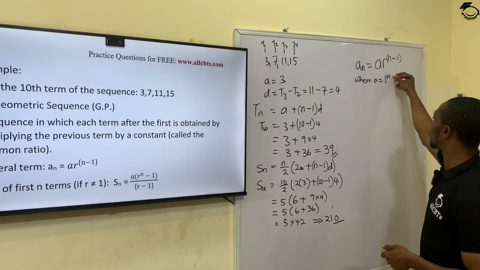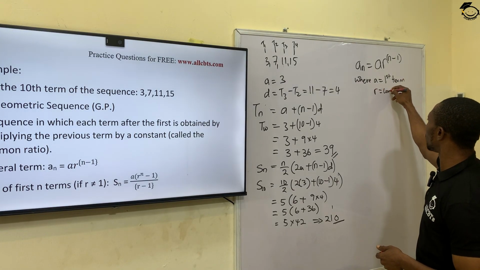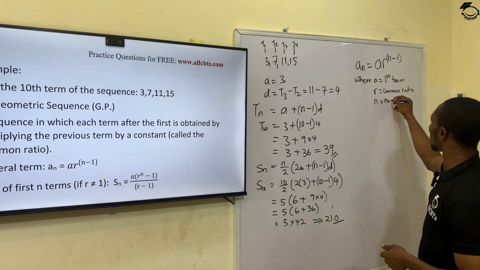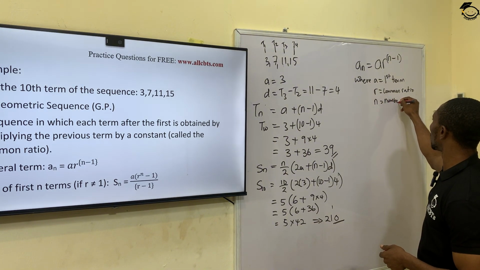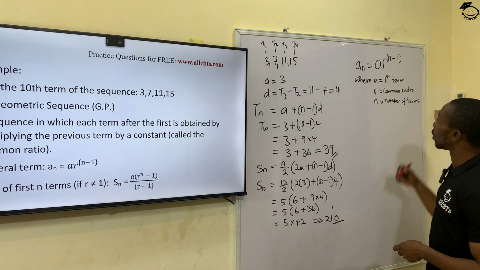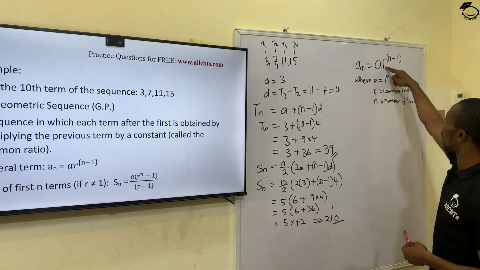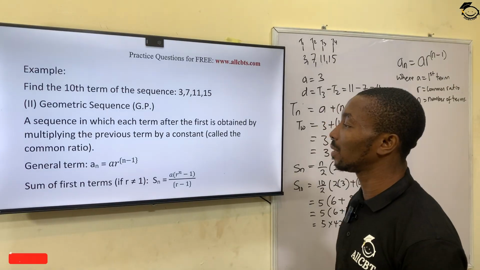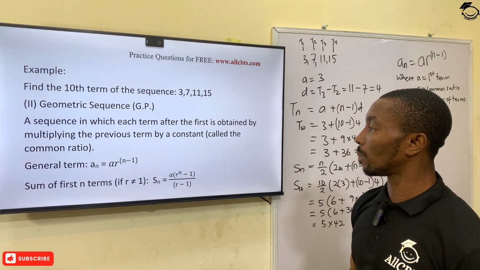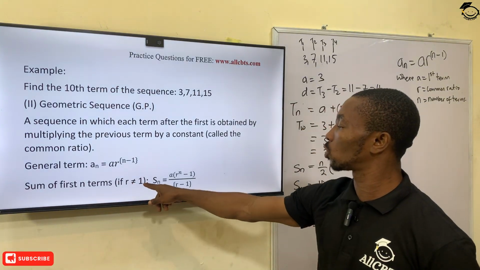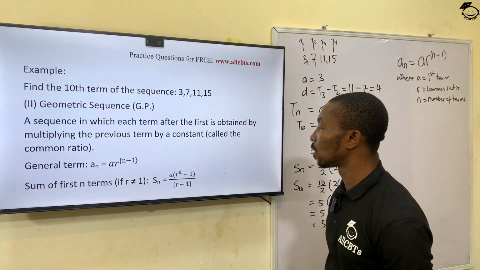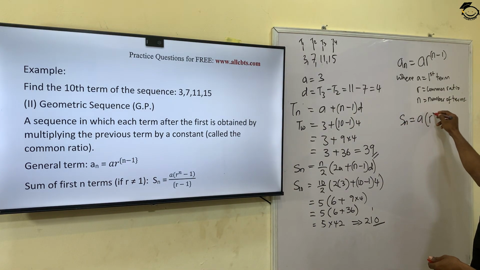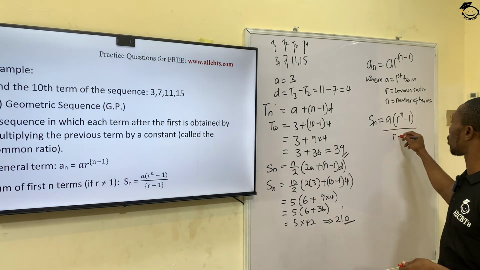Now, for a geometric sequence, our general formula would be Tn equals a r to the power n minus 1, where a is our first term, r is our common ratio, and n is our number of terms. So to find the sum of the first number of terms, if r is not equal to 1, we'll be using the formula sum of terms equals a bracket r to the power n minus 1 all over r minus 1.